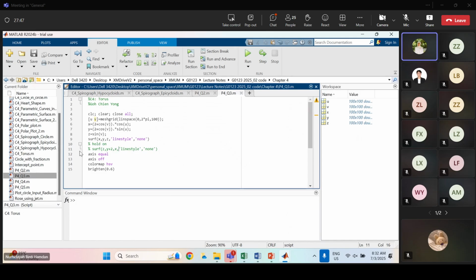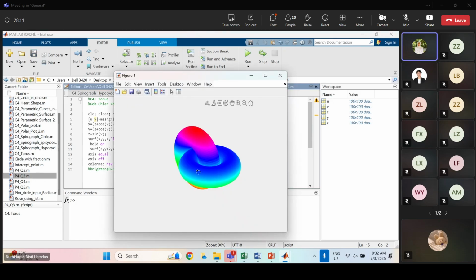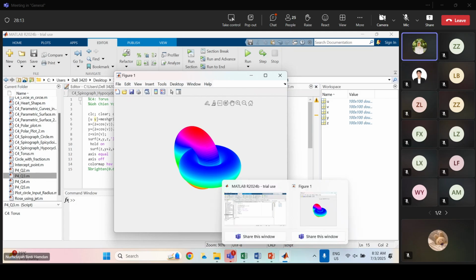There's no line. Then we put axis equal, axis off. For this color map, we call it HSB, because it's strong, right? We brighten 0.6. Let's say I didn't put the strong color, it still looks similar.